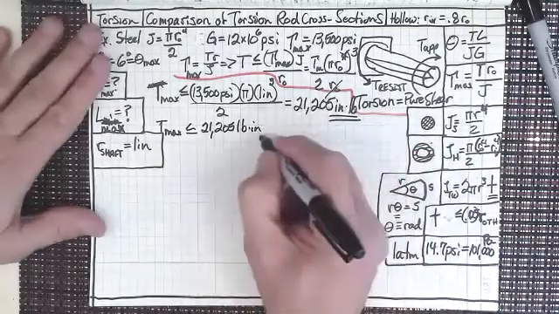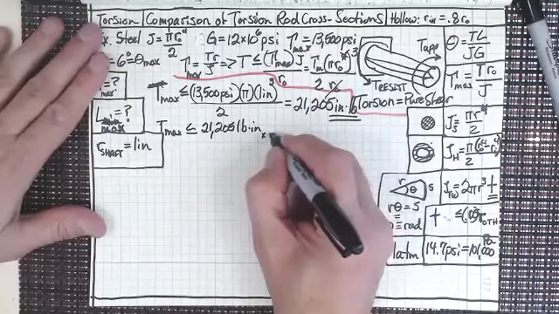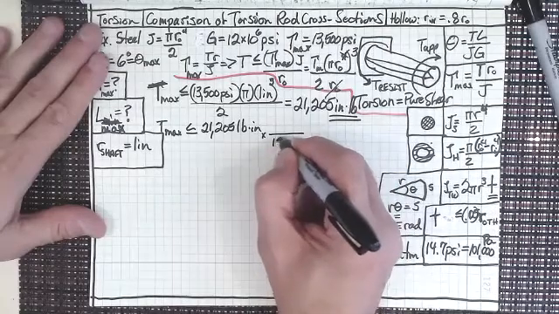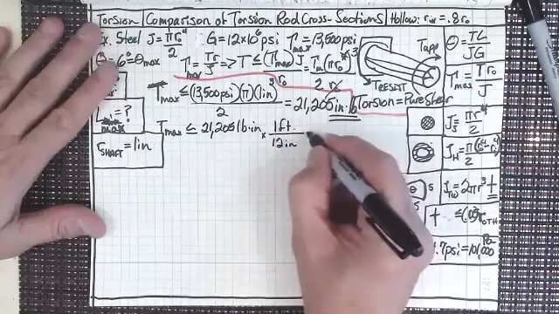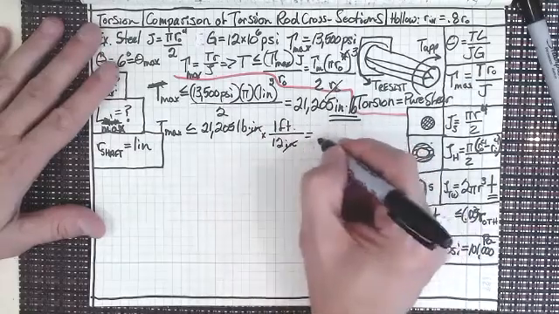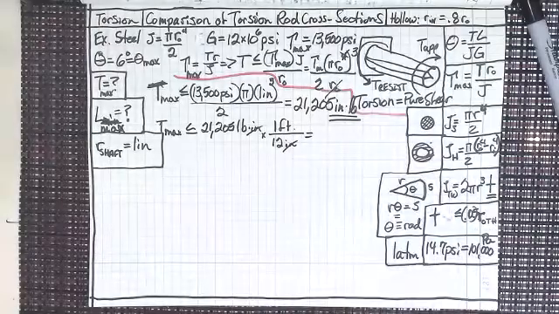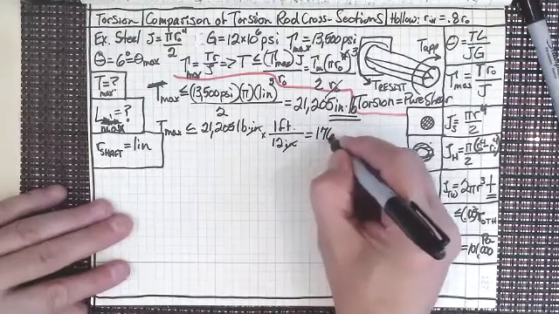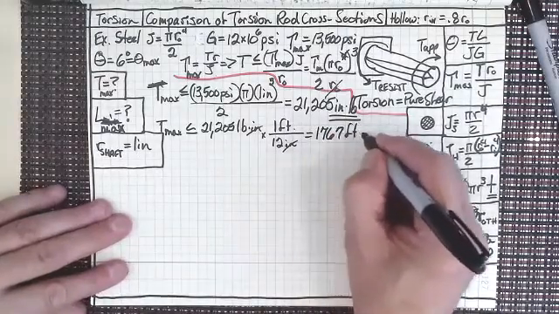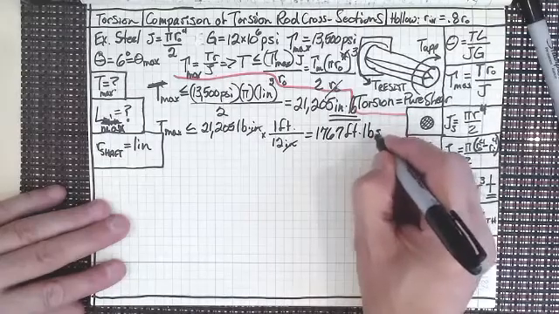How do I change that to foot pounds? Well, I know that there are 12 inches in 1 foot. So the inches are going to go away there. We're going to divide it by 12, and now I have foot pounds: 1767 foot pounds.